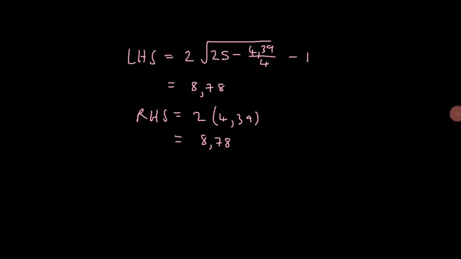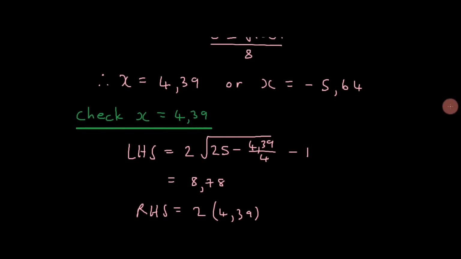So we can see that the left-hand side equals the right-hand side. And hence, x equals 4,39 is a valid answer. Let's now check x equals negative 5,64.